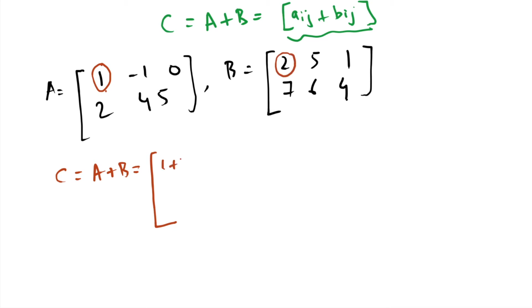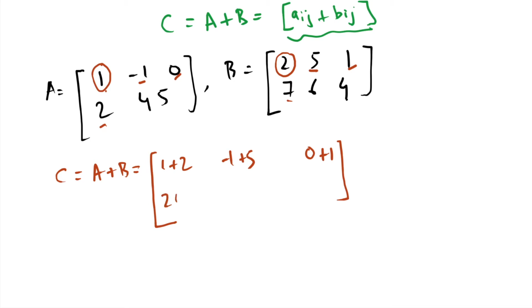So this will be 1 plus 2, and so on and so forth. The first row, second column of C will be -1 plus 5. The first row, third column will be 0 plus 1. I think you get the pattern here: how do we actually add matrices?